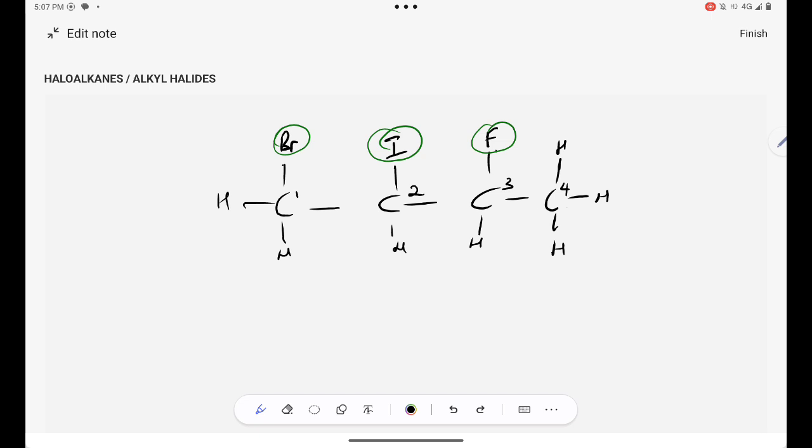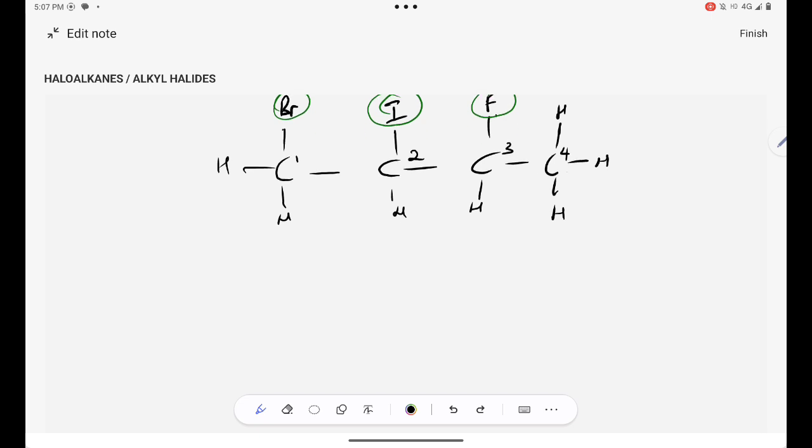Are you together? Let me show you how to name this thing. At carbon number 1, I have bromo. At carbon number 3, I have fluoro. And then at carbon number 2, I have iodo. And then since I have 4 carbons on my parent chain, this will be butane.